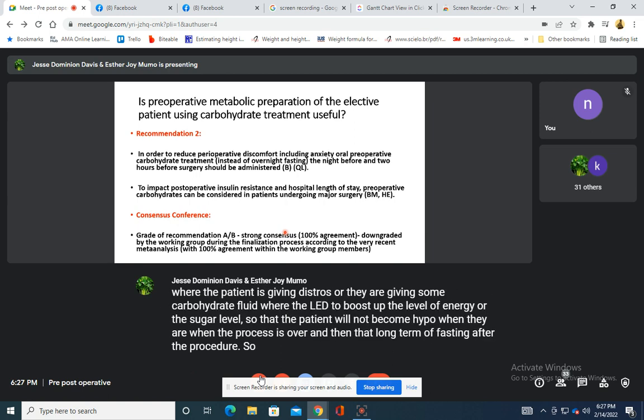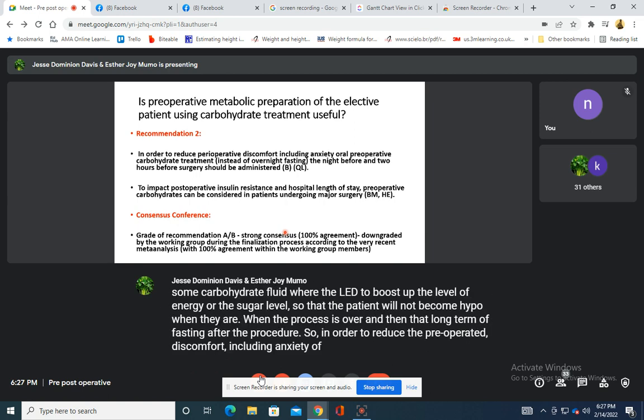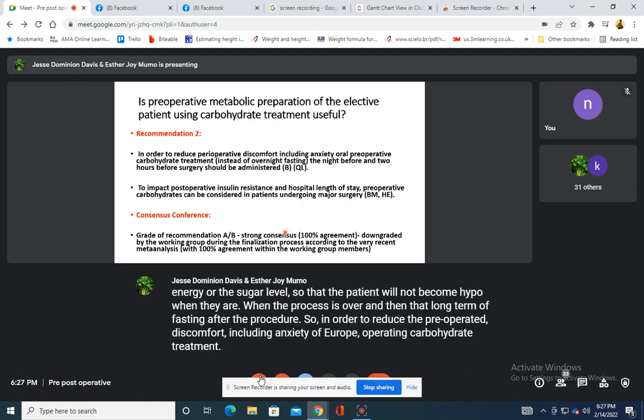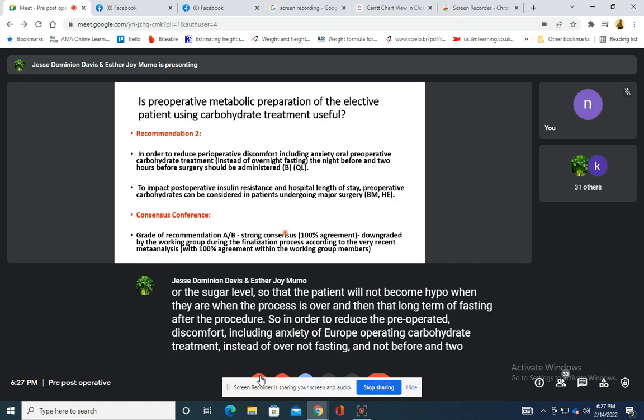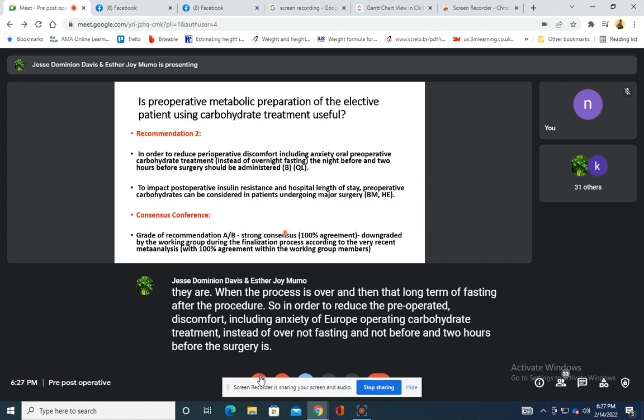In order to reduce the preoperative discomfort, including anxiety, oral preoperative carbohydrate treatment, instead of overnight fasting, the night before and 2 hours before the surgery, this carbohydrate therapy should be administered.